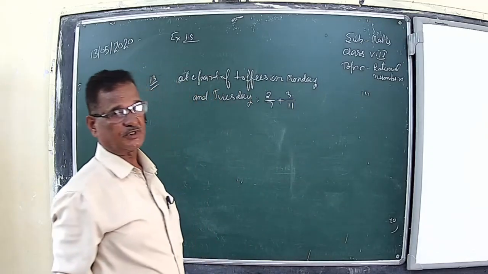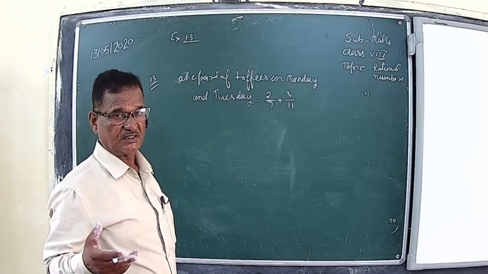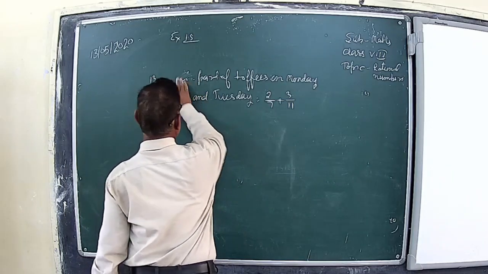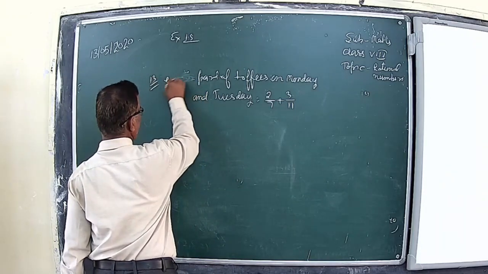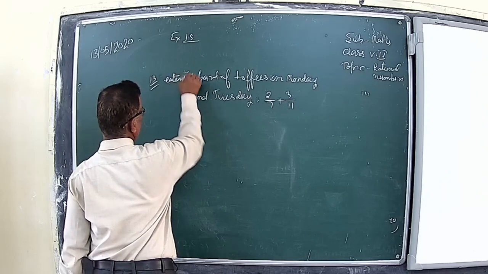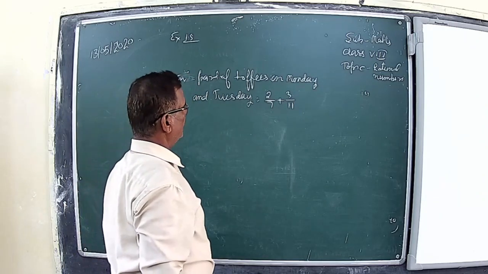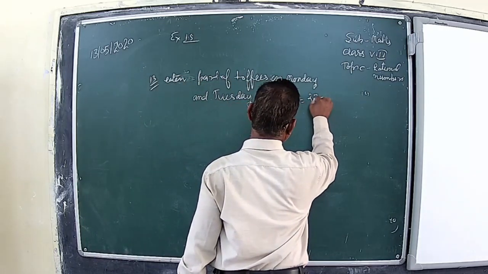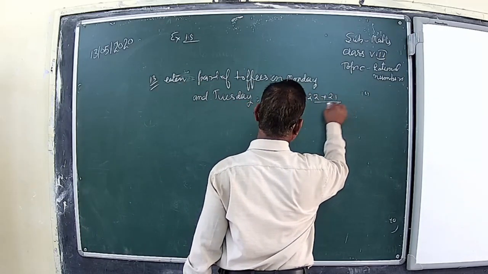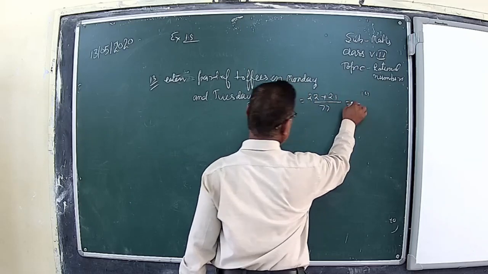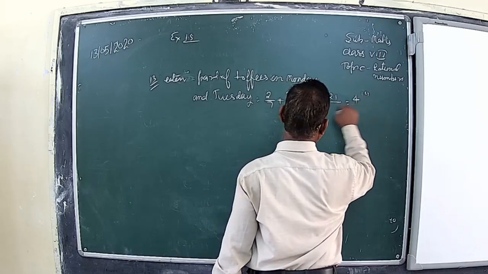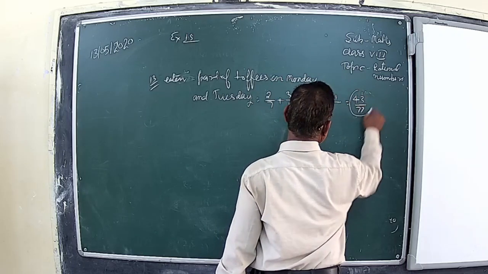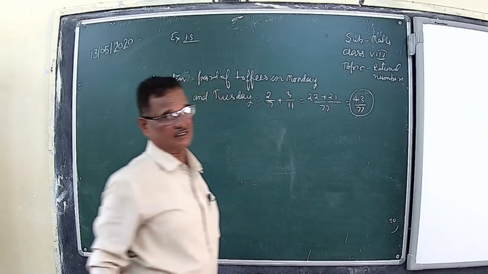This much part of the toffee was eaten on 2 days. The eaten part of toffee on these 2 days is 22 plus 21 by 77, that is 43/77. This much part of the toffee was eaten.